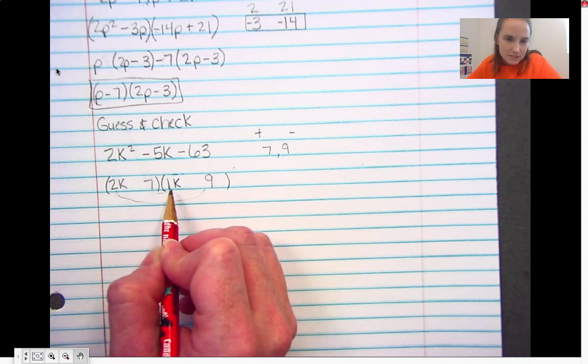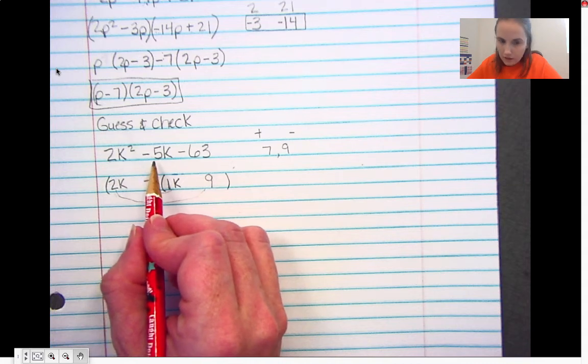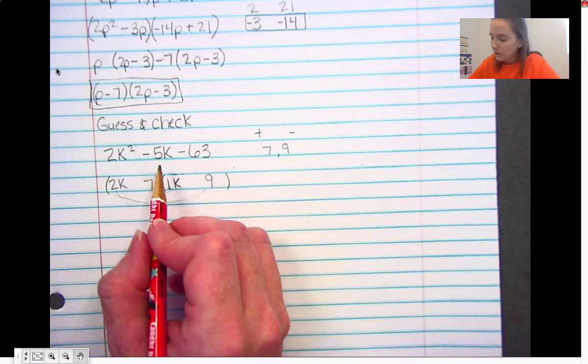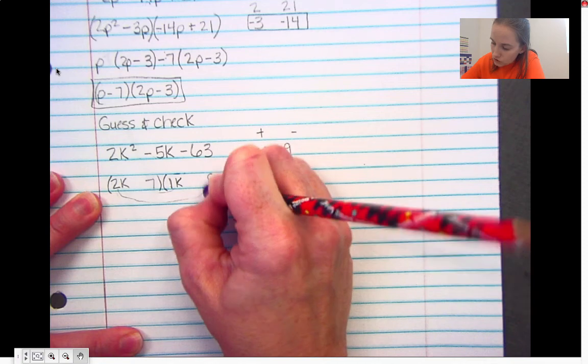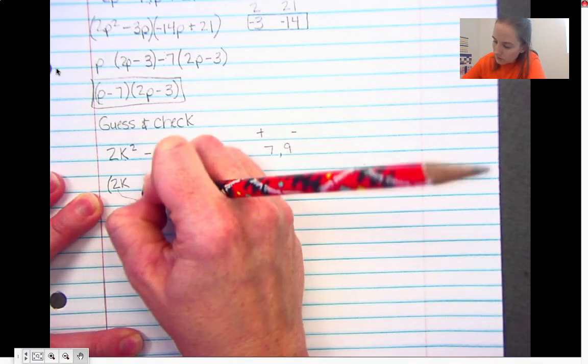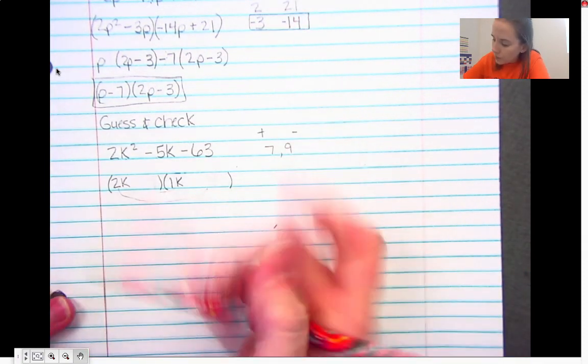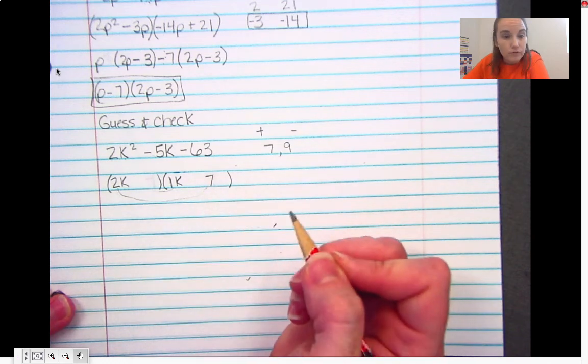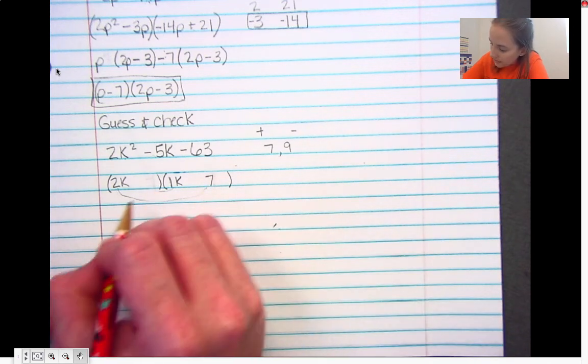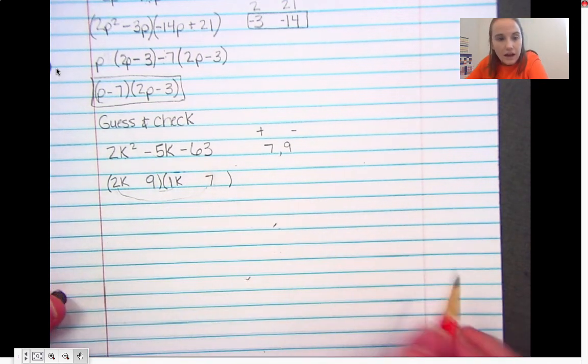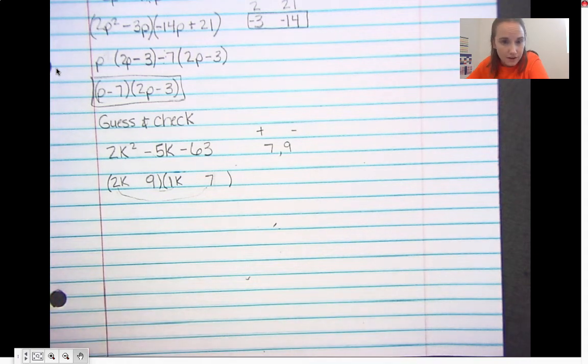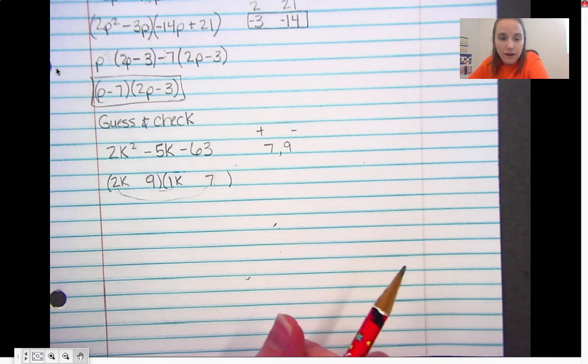An 18 and 7 is not going to give me a negative 5. So let's try changing this around. If I put the 7 here and generate 14 and 9, I will be able to get to 5. 14 and 9, by subtracting, I can create the negative 5.